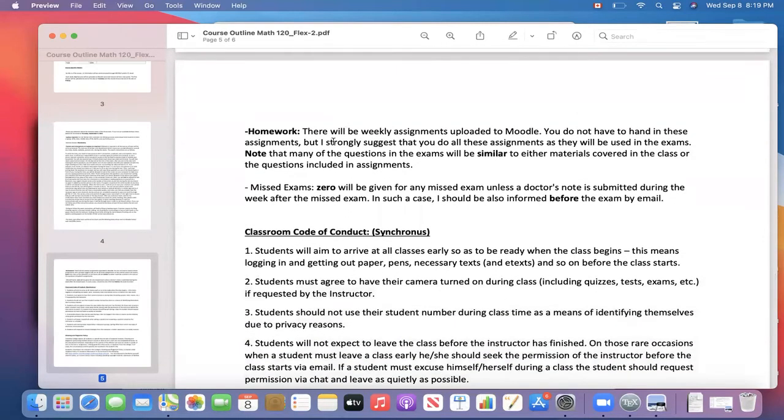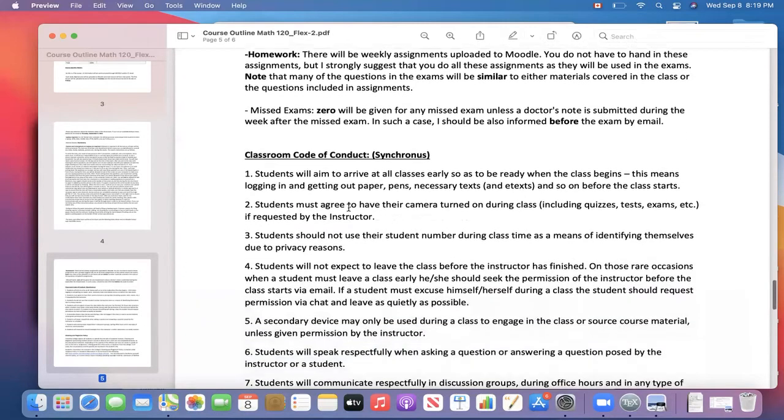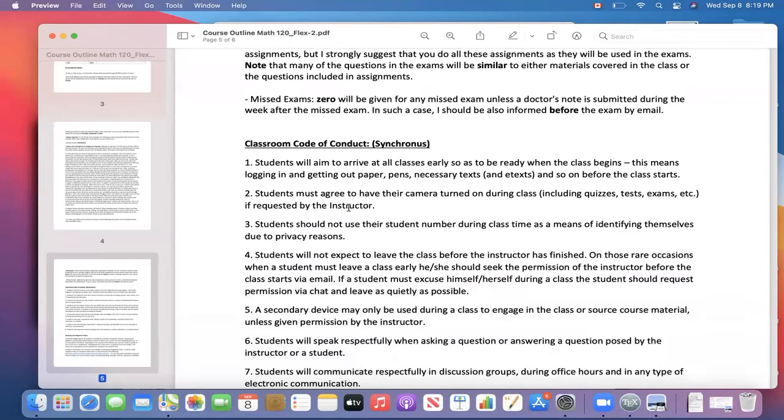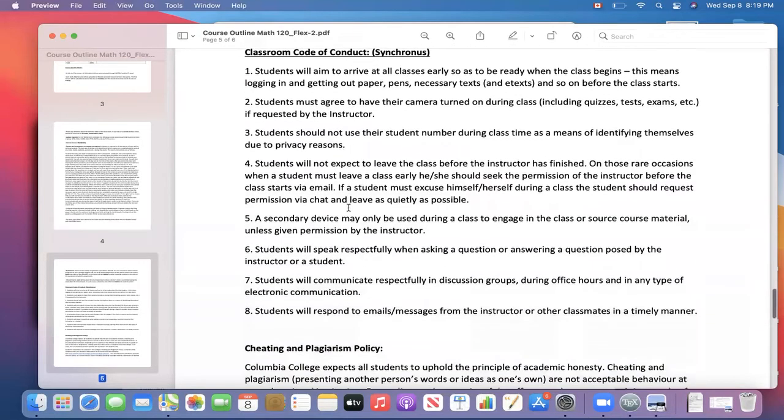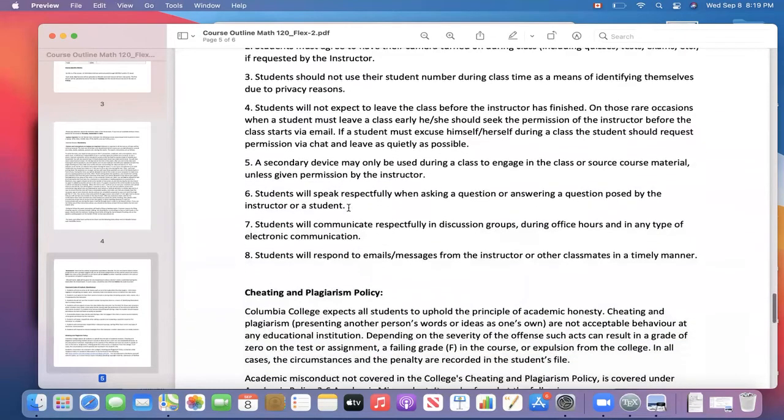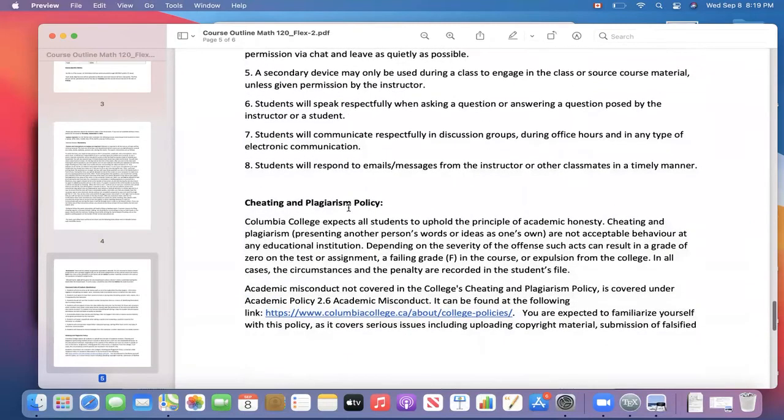And if you miss an exam, you will not get any point for it unless you submit a doctor note within 1 week after the test. So please make sure that you follow this instruction. And there are the classroom code of conduct and the cheating and plagiarism policy. These are common for all college courses.